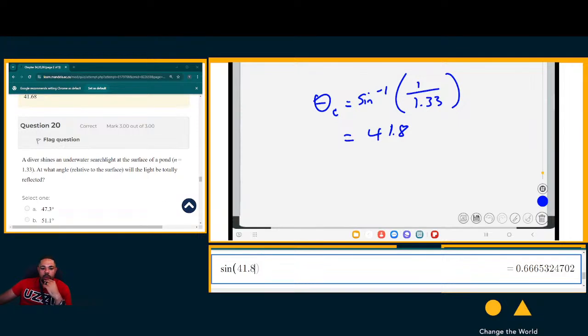The sine of this angle multiplied by 1.33 should be equal to 1, but it isn't.